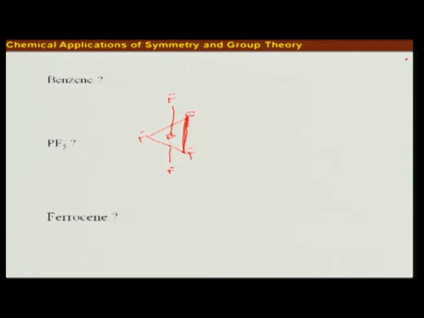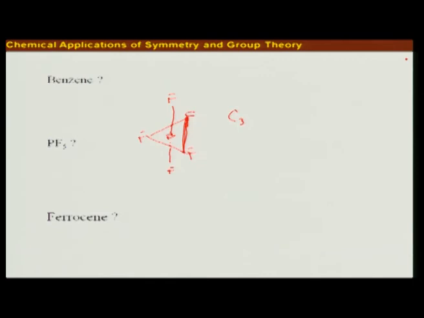First, we will look at the principal axis of symmetry. What is the principal axis of symmetry? You can see for every 120 degree rotation I can get an equivalent structure. So there is a C3. Fine. Now the next question to be asked is, is there any perpendicular C2? So what will be the answer? The answer is easy, right?